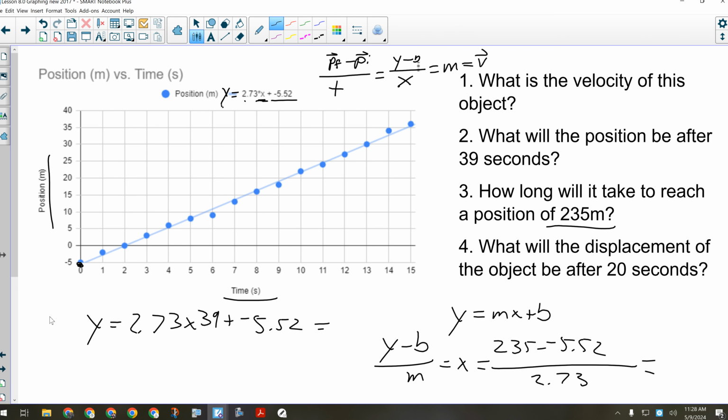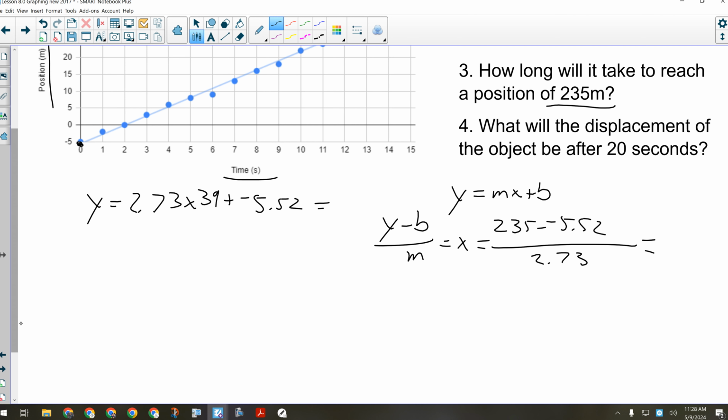Okay, and what would the displacement of the object be after 20 seconds? All right, so here's a bit of a tricky one. I know the velocity. It's 2.73 meters per second. That's the slope of the graph. V equals d over t. Would you agree? Can I just plug 2.73 and 20 seconds into that formula and get the displacement?